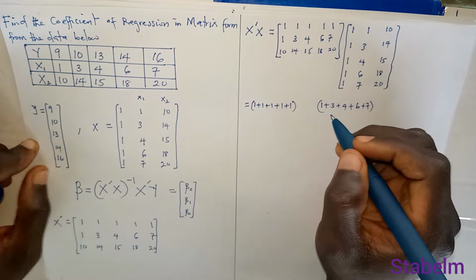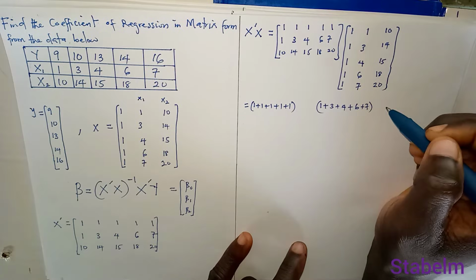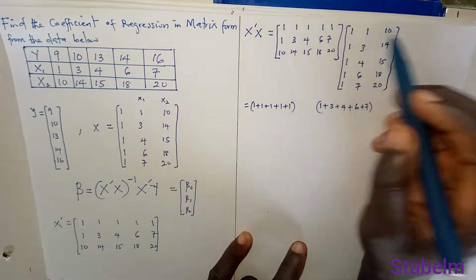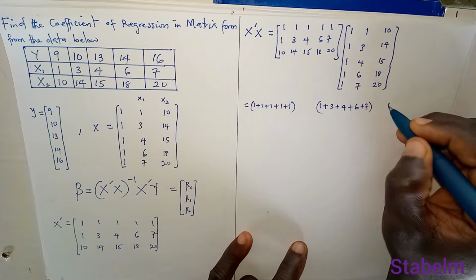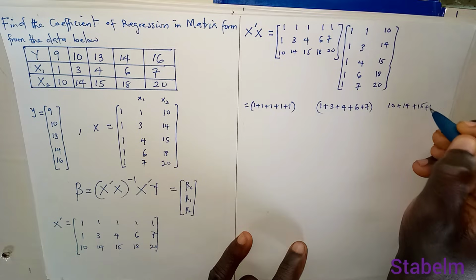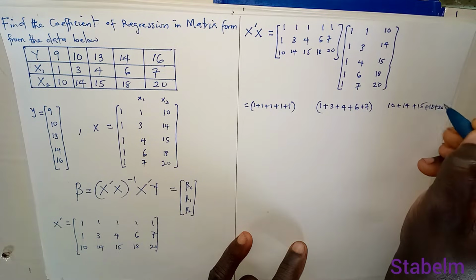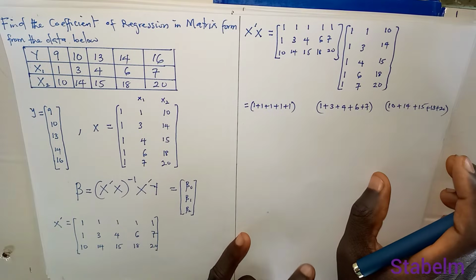Now we're still using the same row to multiply the last column here. We say 1 times 10, 1 times 14, all that. So we are going to have 10 plus 14 plus 15 plus 18 plus 20, because we are using 1 1 1 to multiply through.